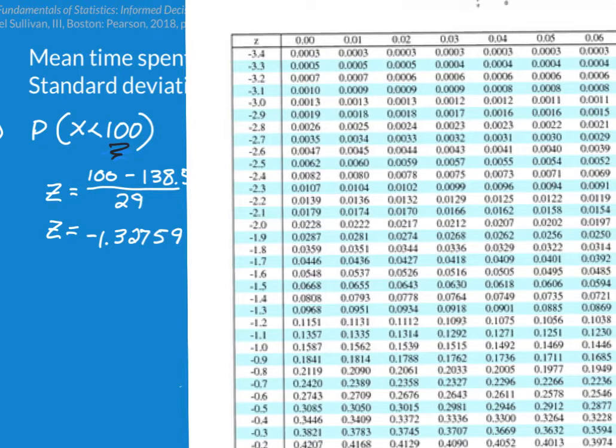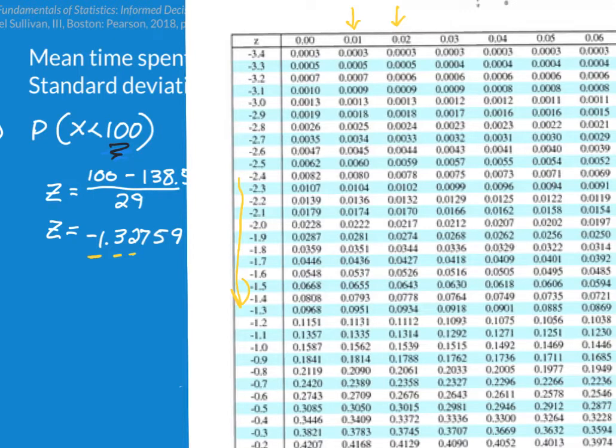With our calculated z-score of negative 1.327, there are only two digits shown on the left here: a ones digit and a tenths digit. But if you look carefully along the top of the page, you have numbers that have no ones or tens digits, but they do have a hundredths digit. If you combine that hundredths digit with the other number going down this column, you will have a three-digit number.